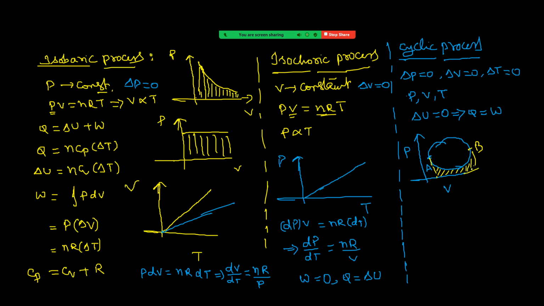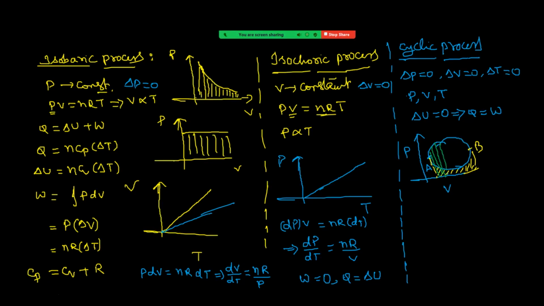This is work done by the system from A to B. Now if you observe from B to A, volume is decreasing. That means by the system negative work is done, and that work is given by the area under the graph from B to A.